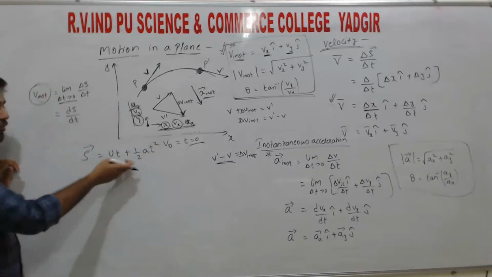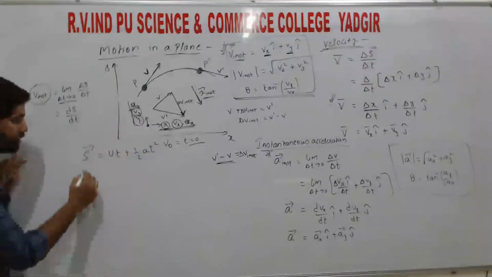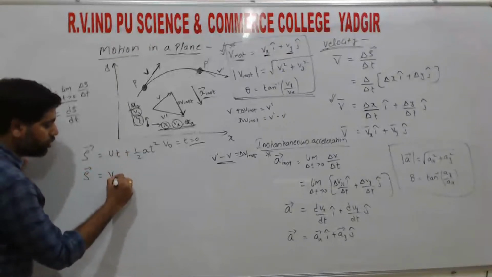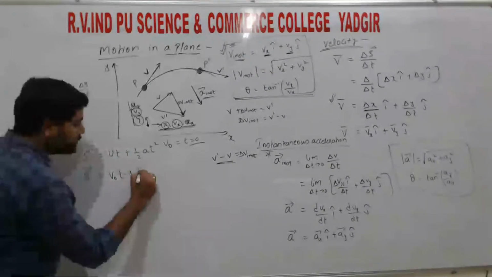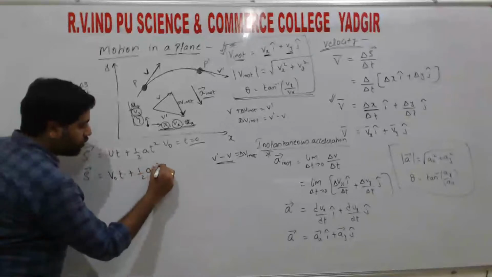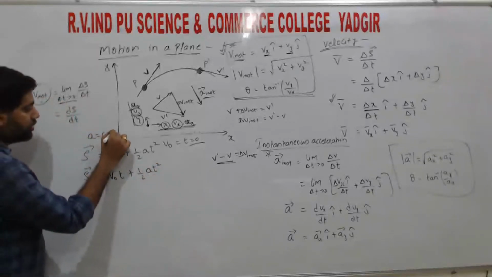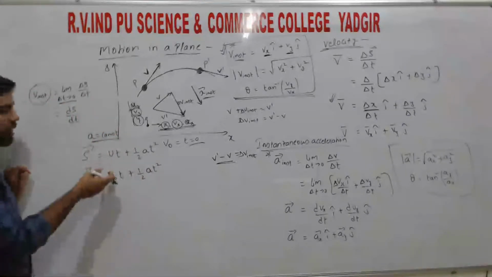So this is the equation of motion in one dimension. If we write the same in two dimension, right? So displacement x is equals to v naught t, right? So v naught we call as the initial velocity, right? So plus half at square. That means here acceleration is constant. So the object is moving under constant acceleration, right?